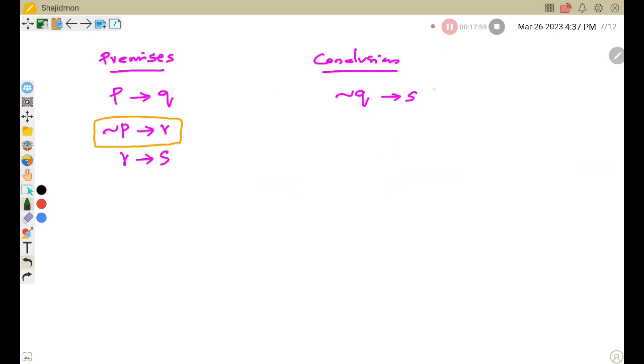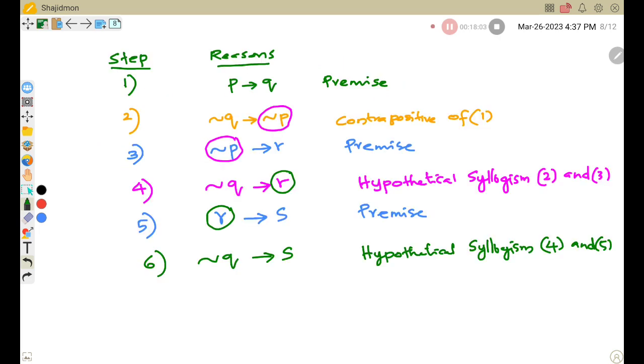You can see this is our conclusion: negation of Q implies S. So we got the conclusion, correct? So the premises lead to the conclusion by using the rules of inference. So our argument is valid here, correct?